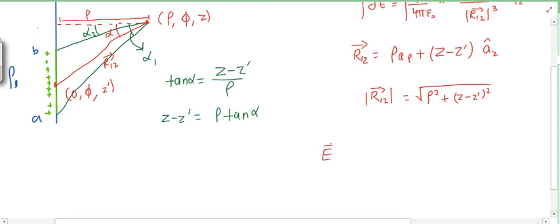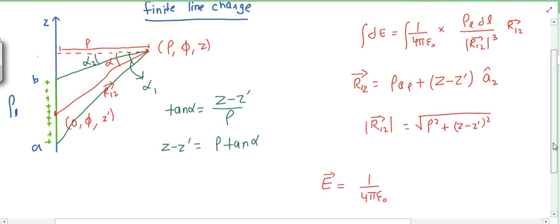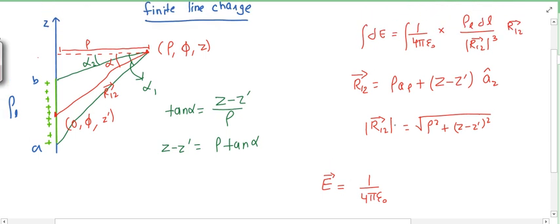E vector will be equal to 1 by 4 pi epsilon naught. This rho L and 4 pi epsilon naught will come out. So I write this as rho L upon 4 pi epsilon naught, and the dl will be the differential length here.